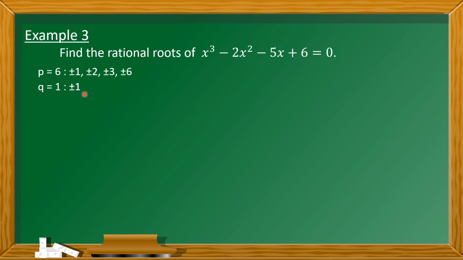The factors are positive and negative 1. For our P over Q, the possible rational roots are positive and negative 1, positive and negative 2, positive and negative 3, positive and negative 6. Ito ay ang ating possible rational roots.